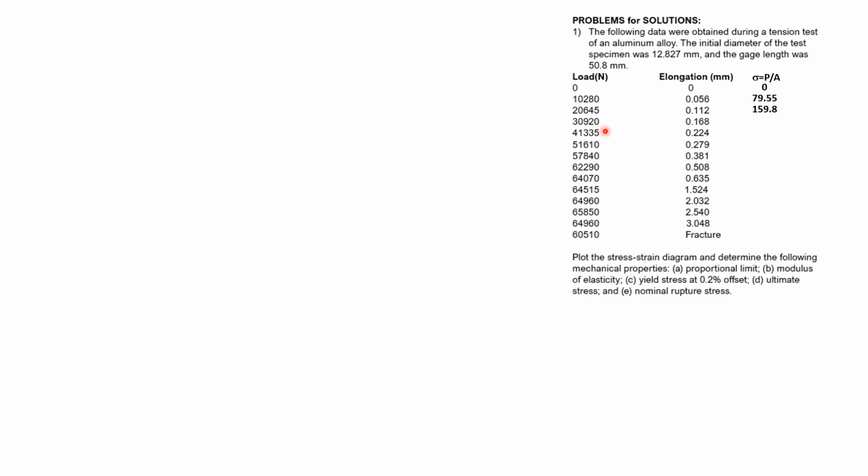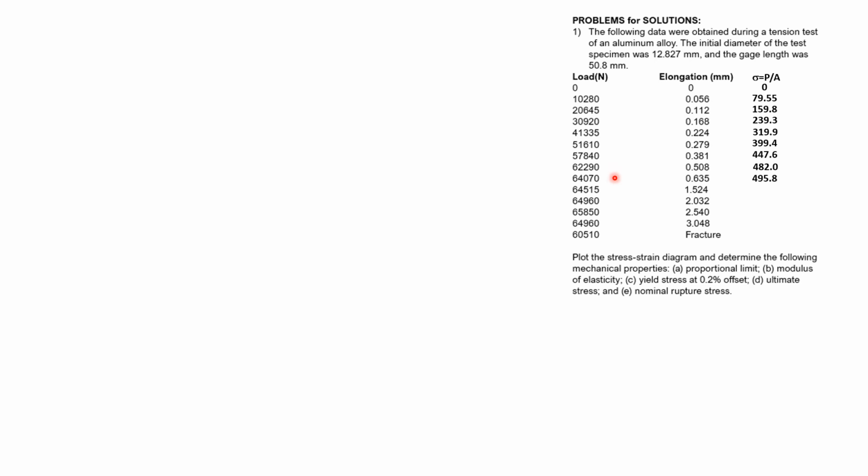Then 30,920 divided by the area, which is pi over 4 times 12.827 squared, gives 239.3 megapascals. Then 41,335 divided by the same value, so 319.9. 51,610 newtons divided by the same area, 399.4. 57,840 divided by the same area, so 447.6. 62,290 divided by the same area, so 482 megapascals.